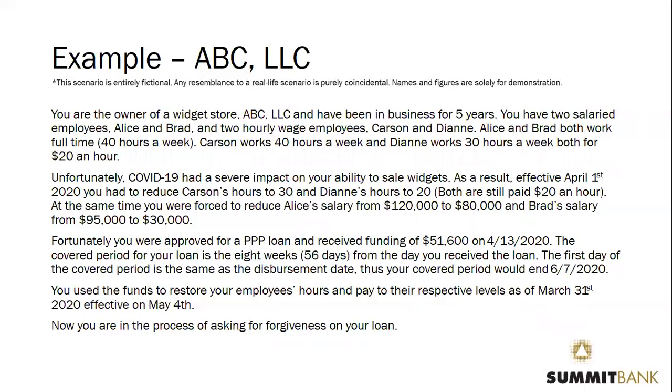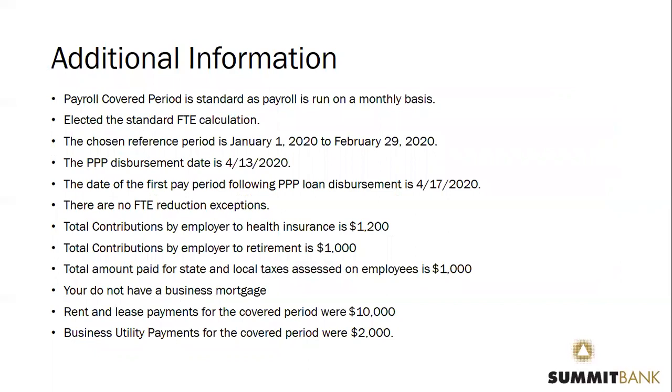So you can see for Alice, who made $120,000 annually before the covered period, she was reduced to $80,000, and Brad, who made $95,000 before the covered period, was reduced to $30,000. But if you keep reading and you see at the bottom, we were able to restore our employees' wages by May 4th.